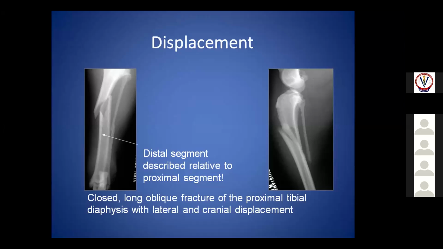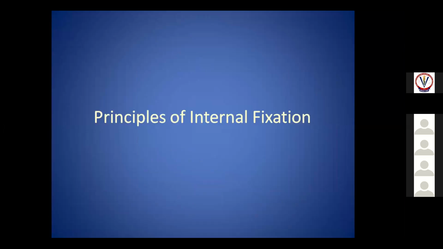In the long oblique fracture of the proximal tibial diaphysis, one can compare displaced and not so displaced fractures. So this is basically how we can classify the articular fractures, epiphyseal fractures, metaphyseal fractures and diaphyseal fractures, based upon the direction of the fracture line, the number of fracture lines, and whether the fracture lines are communicating with each other or not.